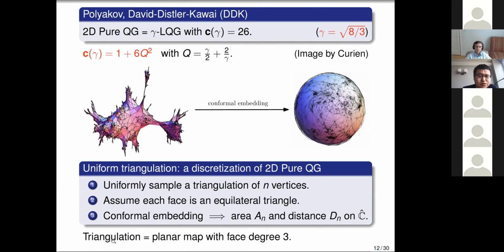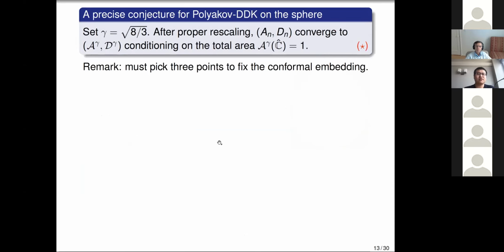Here the triangulation is an example of the so-called planar map. In particular, a triangulation is a planar map where the face degree equals 3. But we can also define other types of maps. So this is a precise conjecture of Polyakov's prediction on quantum gravity and its relation to the Liouville theory.